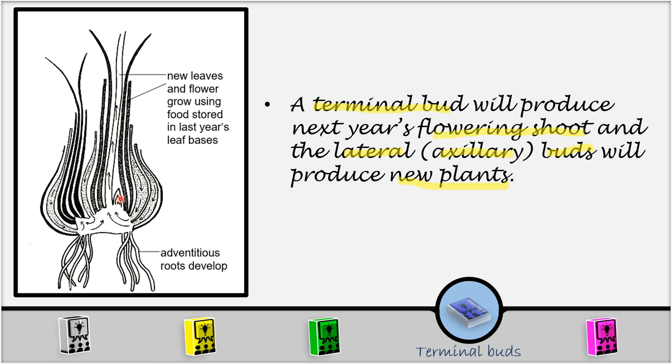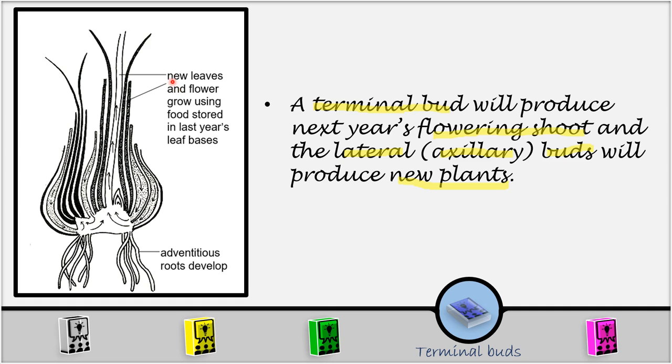It is the one that will produce next year's flowering shoot. And then we have a lateral bud, which is growing from out here. This lateral bud will produce a new plant, or what we call a daughter plant.